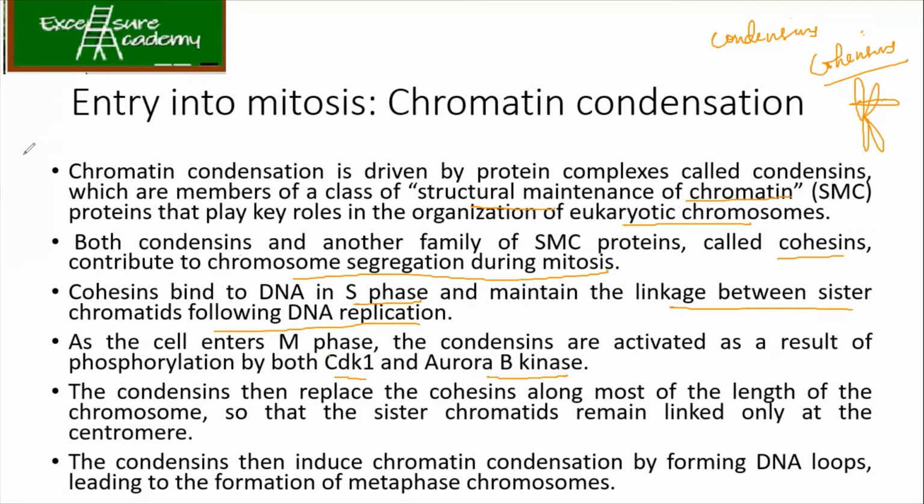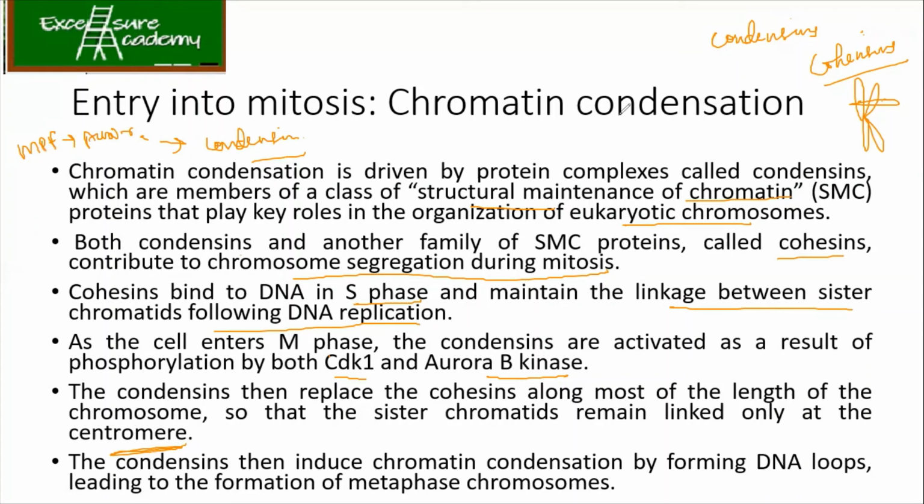So just now we saw. So MPF activating Aurora. Aurora क्या करेगा? आपका condensin activate करेगा. ठीक है? Now, condensins will then replace the cohesins along most of the length of the chromosome, so that the sister chromatids remain linked only at the centromere.